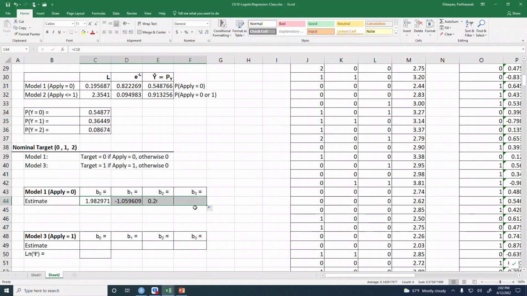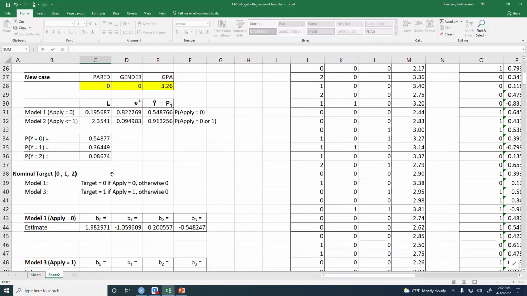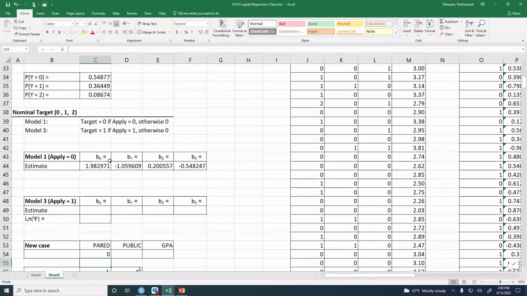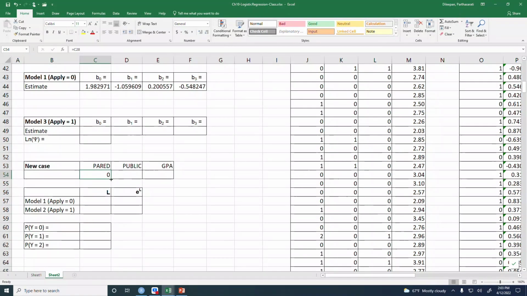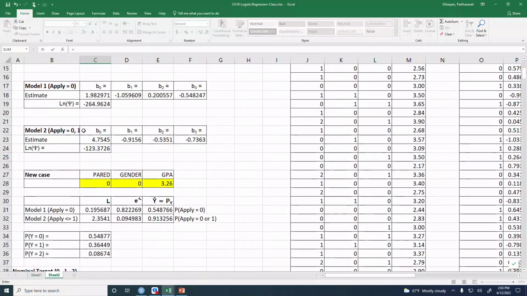And then your new observation, we'll use the same observation. Now we have L. L is also the same from here.